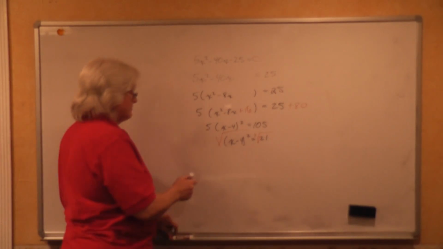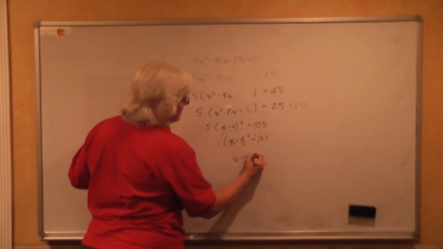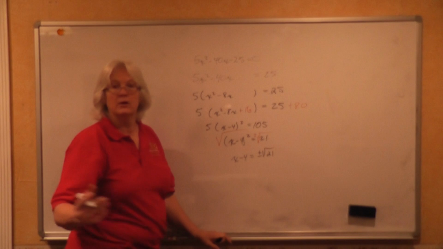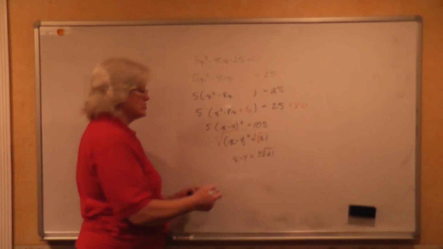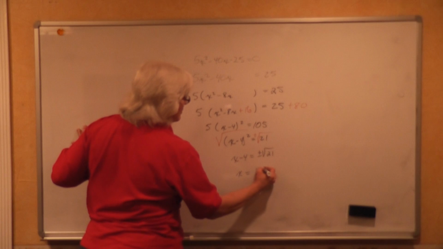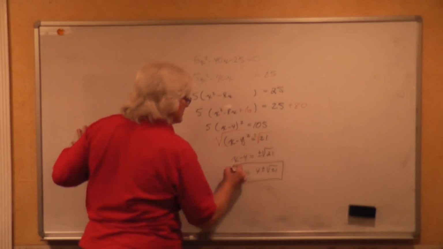And I have x minus 4 is equal to plus or minus the square root of 21. 21 is prime, there's nothing else you can do. So x is equal to 4 plus or minus the square root of 21.